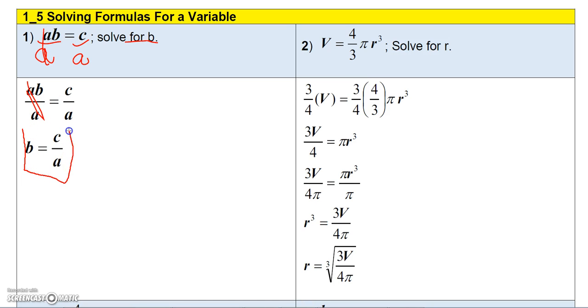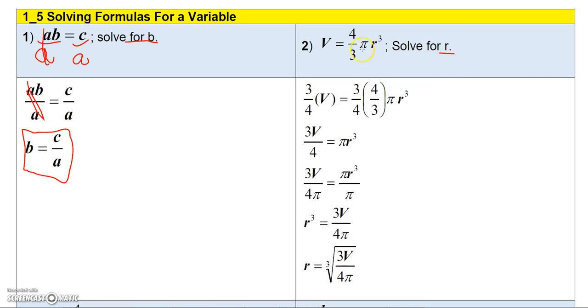Now that's about as easy as I can make it to start with, but they do get a little more complicated. This one is probably the other end of the scale. It's fairly complicated. So here I have V equals 4/3 pi r cubed, and this is actually a geometry formula for volume, and it asks us to solve for r.